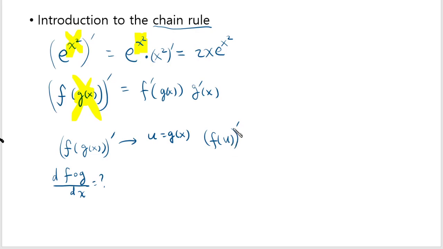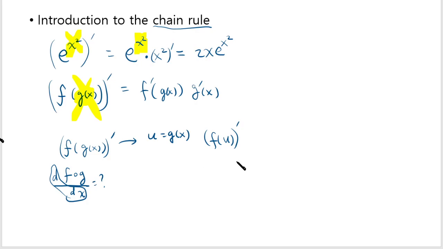So this derivative is really the derivative with respect to x. But if you write it like this, because the variable is now u, many people will think that this prime must be d du. But no, we're originally asking for the rate of change of this composition function with respect to the change in x.